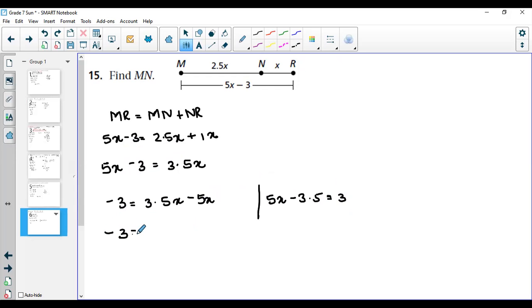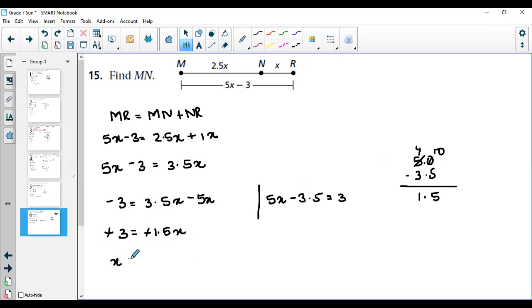Okay, so negative 3 is going to be equal to, now 5 minus 3.5. You know 5 means it's a 5.0. So that's going to give you 1.5. Because this will become 10, this will become 4, so 1.5. That's going to be negative 1.5x. So negative will get cancelled.